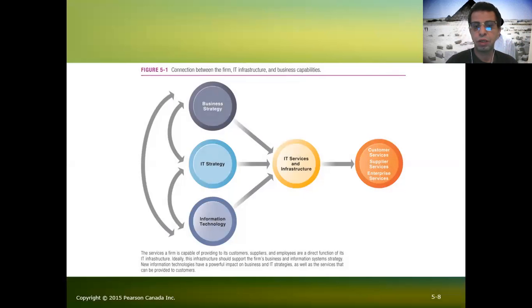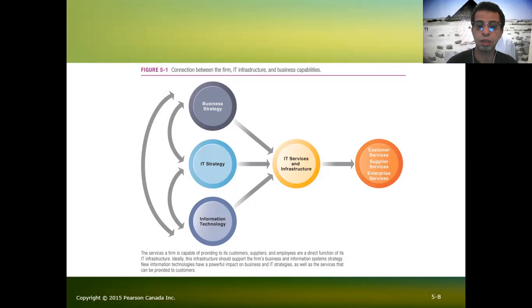But overall, the connection between the firm's IT infrastructure and business capabilities is something we also talked about in the business strategy. We brought an example of a big ship, and a big ship has to coordinate everything together in order to succeed from point A to B. So there is a business strategy plan for a company, and that influences the IT strategy, because the IT strategy will help the company accomplish its goals.